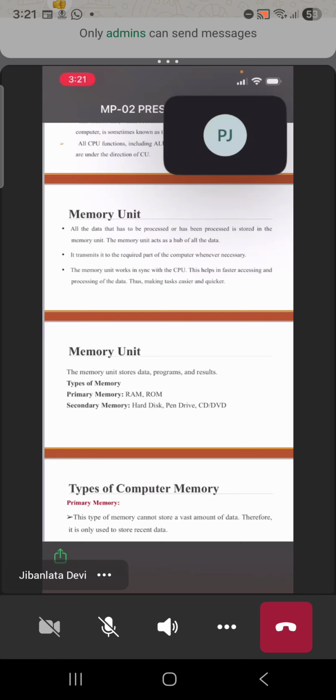So the data which is fed and stored in the memory unit, we can have that data whenever the user requires it. It is again of two kinds: we have the primary memory and the secondary memory.